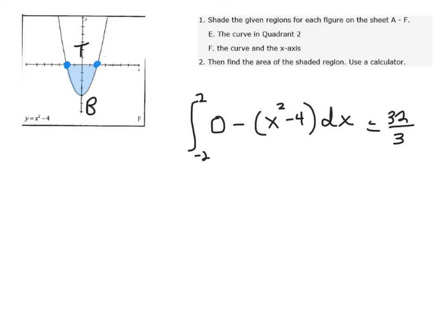Okay, so be sure that you know that the area is always positive. It's going to be top minus bottom or right minus left. Right minus left is dy. Top minus bottom is dx. Be sure to distribute the negative. Train your eyes to see the top and the bottom and the right and the left.